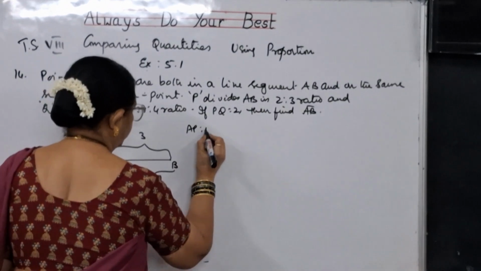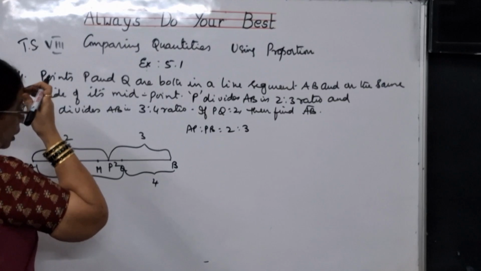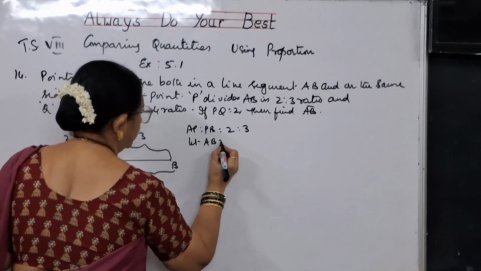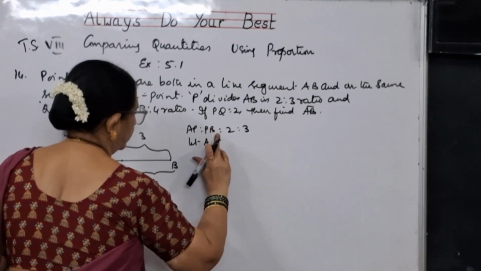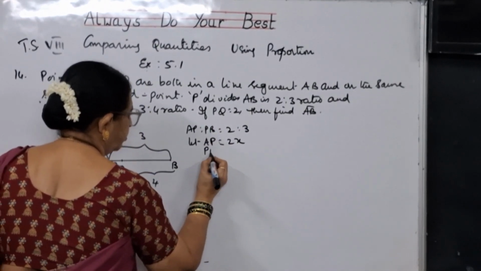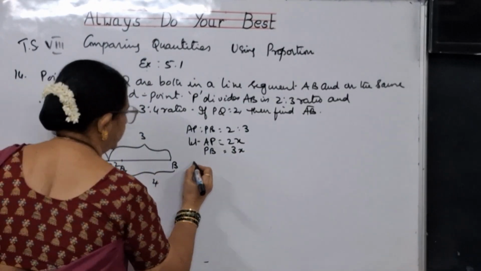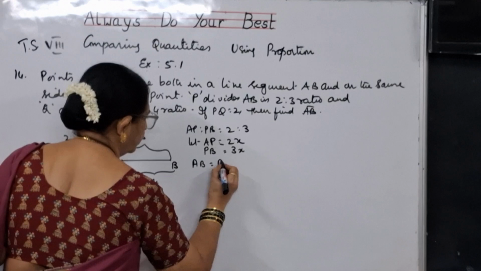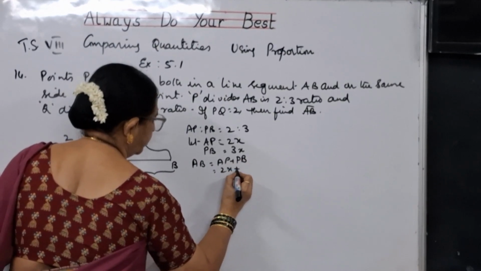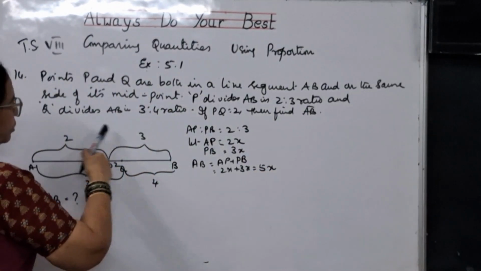AP is to PB is 2:3, they have given. What do you mean by this? Let AP be equal to 2x and PB equal to 3x. When you know AP and PB, AB will be equal to AP plus PB, that is 2x plus 3x, that is equal to 5x, according to this ratio.